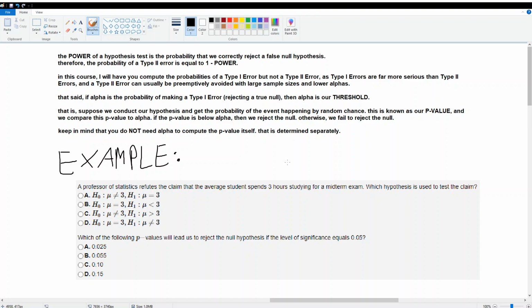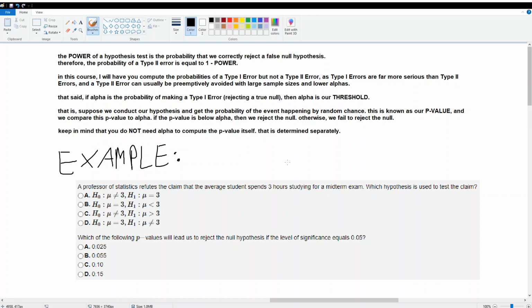So now, let's suppose we conduct a hypothesis test, and we get the probability of the event happening by random chance. Because if our sample is not screwed up, then one of two things is going to happen if the null is false. If the null is false, we could still fail to reject it just by sheer chance.